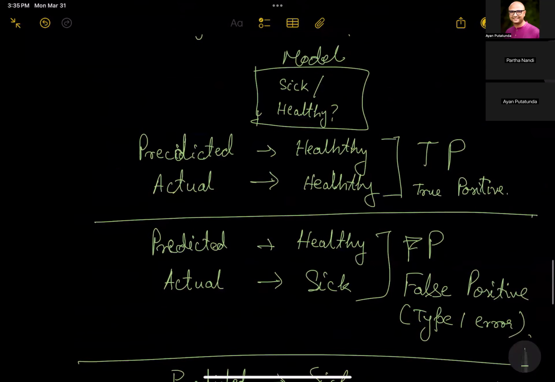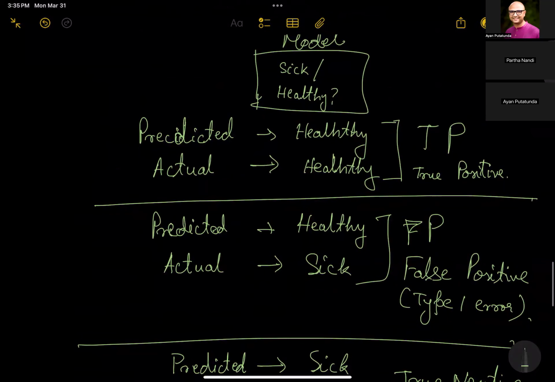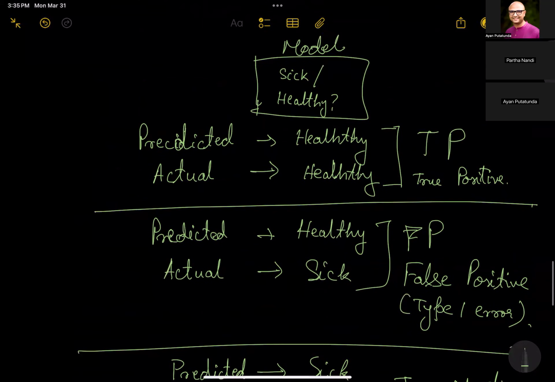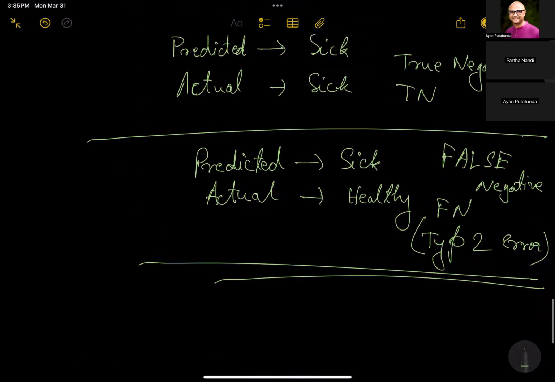Be very clear about this terminology, because this is the fundamental of machine learning. The last one is prediction is sick, actually healthy. Yes, the model says that the person is sick, but actually the person is healthy.